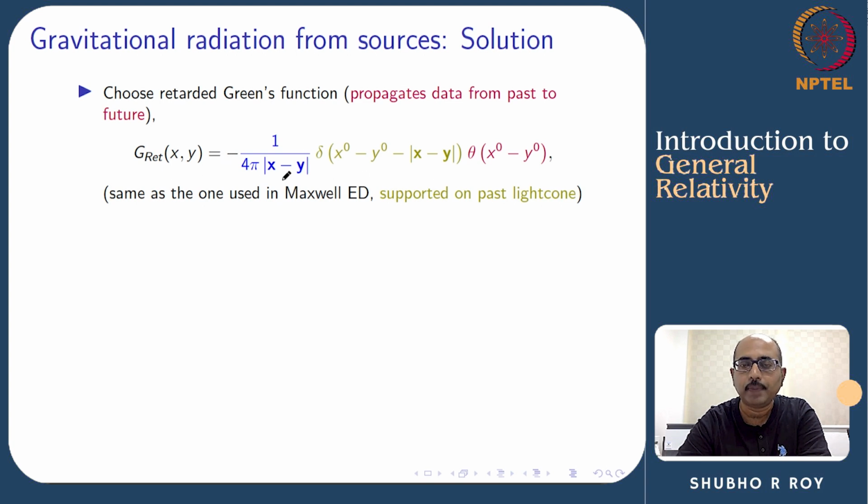I have highlighted three parts of the Green function in three different colors. There is the blue part, which is the 1 over r, as you can imagine for a unit point source. There is a 1 over r fall off. But I will point first to this in purple font, there is this Heaviside step function, which is telling you that this is non-vanishing. In fact, it is equal to +1 when x naught is greater than y naught.